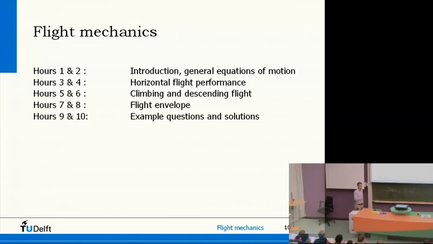So performance questions like how slow, how fast can I fly, what's the maximum distance I can fly if I stay at a constant altitude. After that, it's going to be a little bit more involved. I'm going to treat climbing and descending flight, so the example I've just given, but also maybe if I want to climb to my cruise altitude, how much time does it take before I get there?